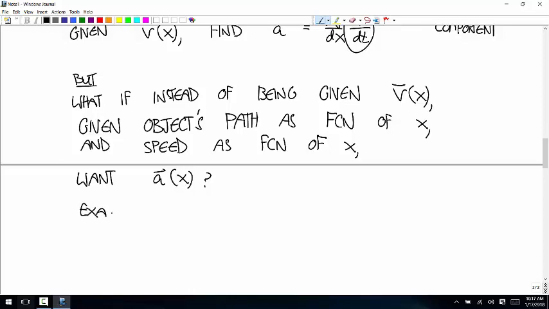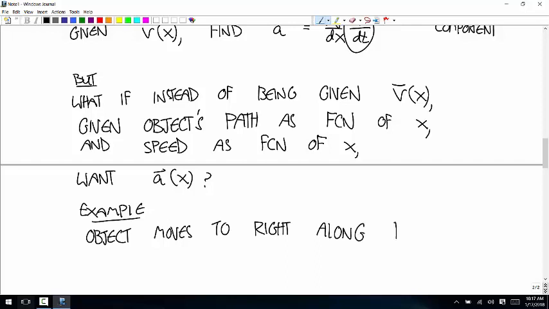So for example, let's say that an object moves to the right along the path y equals cosine x.